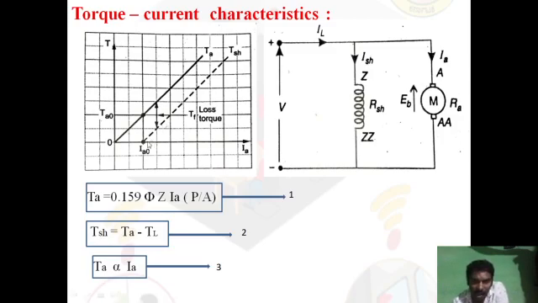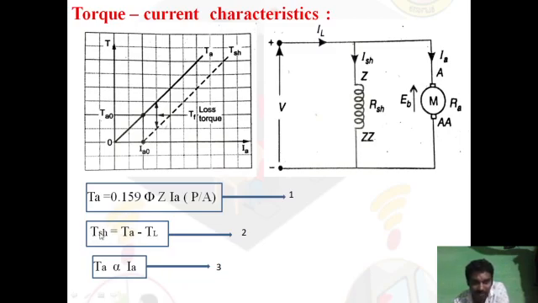Therefore, as the load varies, as the load increases, so here if you observe, TL remains constant. As the load increases, Ia increases, Ta increases, as Ta increases from the equation 2, the TSH increases.